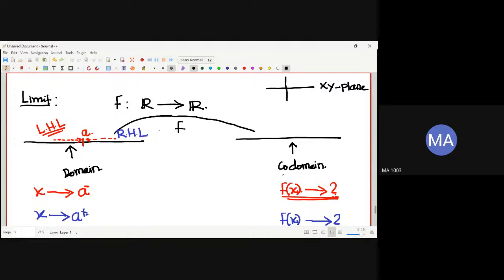Suppose I have a function from R2 to R. That means this is my domain, so here the domain is R2, right?